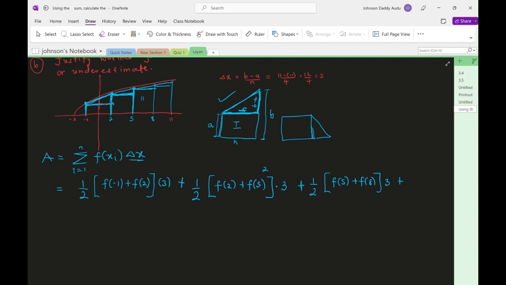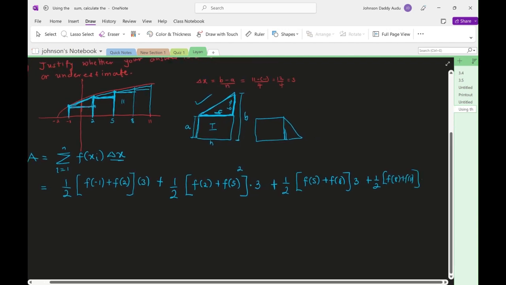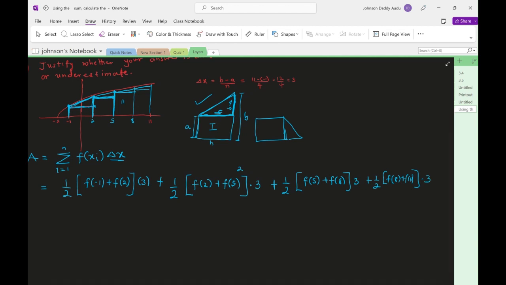Now, the same thing times 3, plus, then finally, we are in the final one, which is just going to be half f of 8 plus f of 11, then times 3. So you see, this is the formula for the first trapezoid. This is the area for the second trapezoid. This is the area for the third trapezoid, and this is the fourth area.